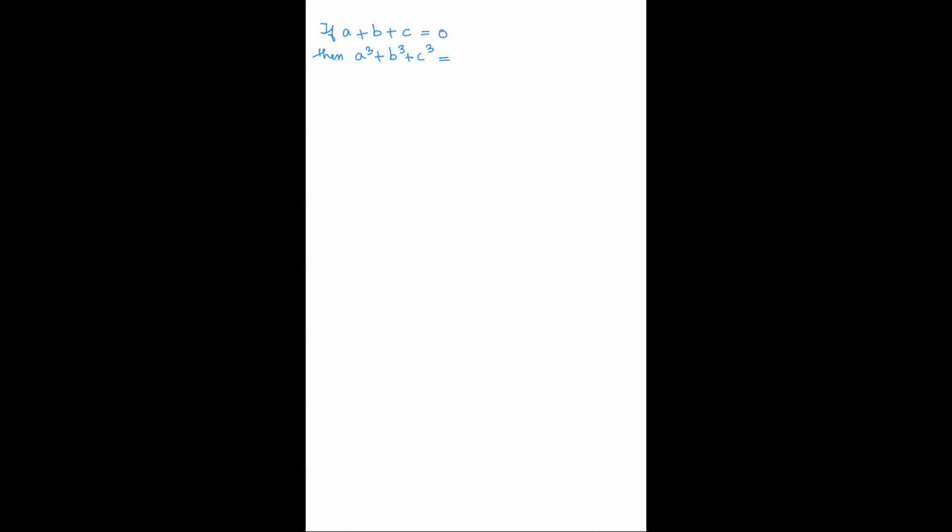Chalo, I'll tell you what is A cube plus B cube plus C cube. The value of A cube plus B cube plus C cube is equal to 3ABC. And let us see if this really works or not. क्या ये सच्ची में काम करता है या नहीं करता है? चलो वो चेक करते हैं.